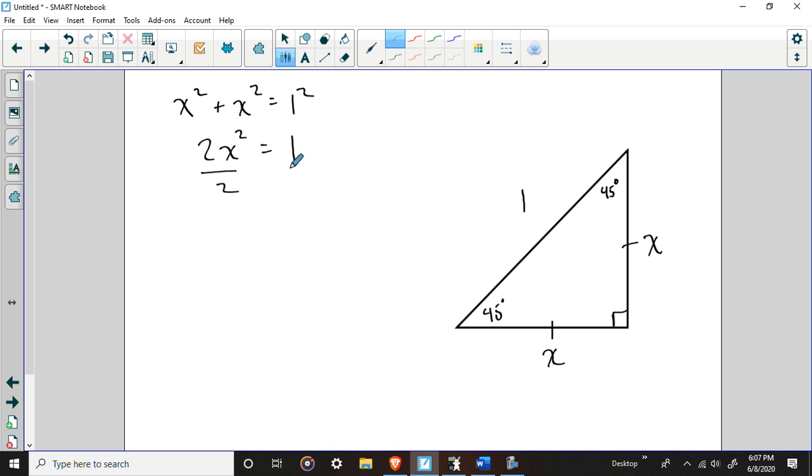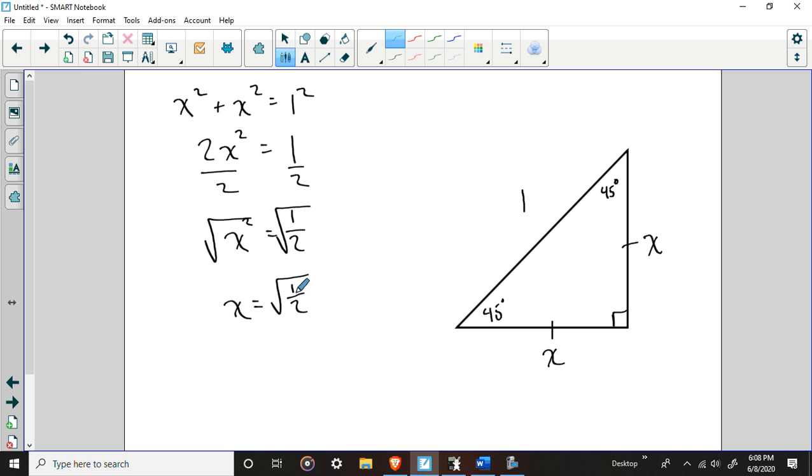Let's divide by 2. We find that x squared is equal to 1/2, and the last thing is you take the square root of both sides. So x is equal to the square root of 1/2. It's not 1/4. The square root of 1/2 is not 1/4.